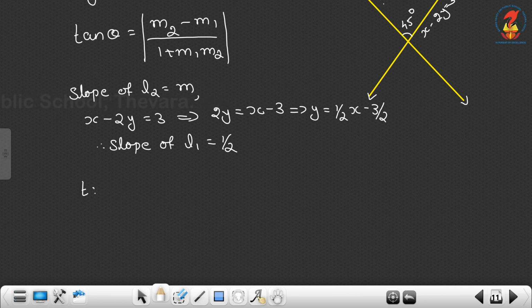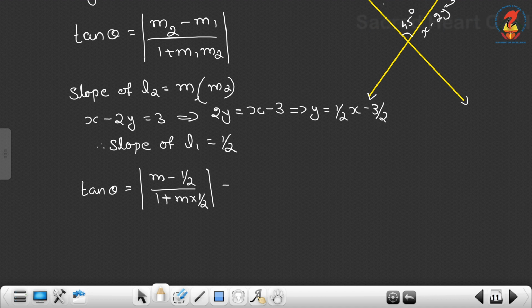Therefore, tan theta is equal to, let m2 be m, and m1 as 1 by 2: (m minus half) by (1 plus m into half), which implies tan theta is equal to (2m minus 1) by 2 over (1 plus m by 2).